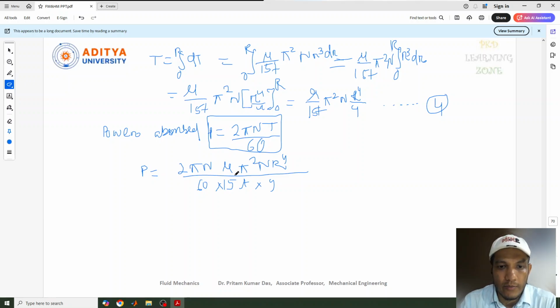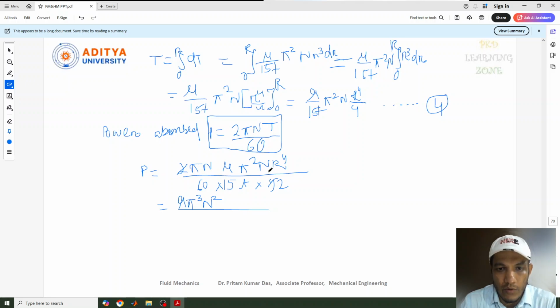Now let's multiply everything and simplify. The 2 is there and again 4 is there, so we can write 2. Pi and pi square gives pi cube, n into n gives n square, and mu is there already.